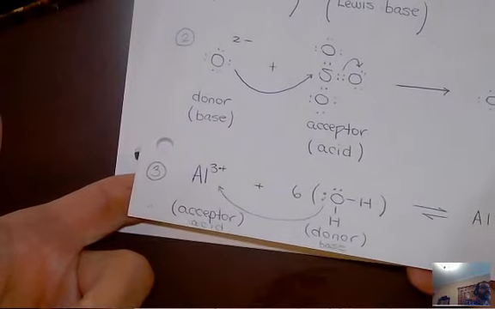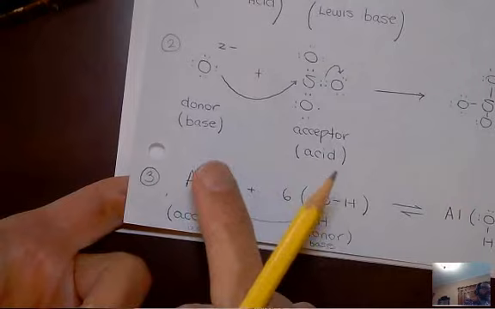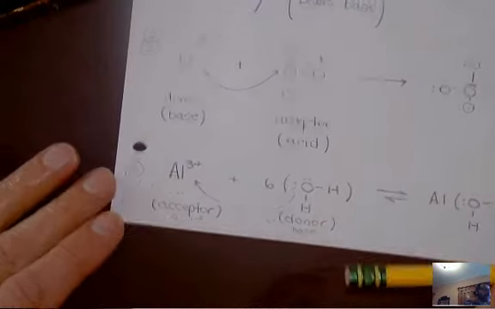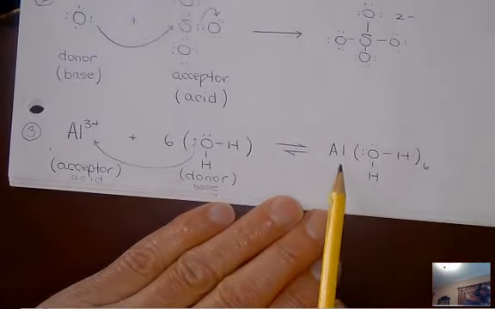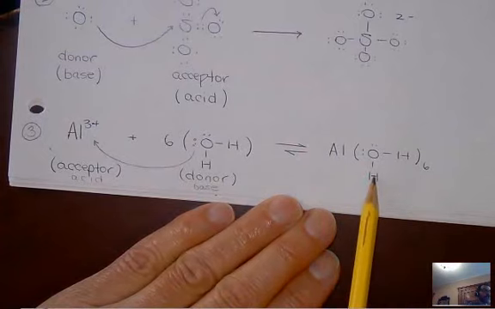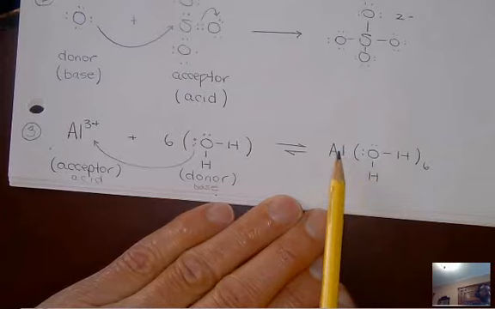So that's our typical coordination of 6, right? Because there's 6 spaces: front, back, top, bottom, left, right. So here's the product, right? It would be hexaaqua aluminum 3+, right? There would be 6 water molecules, and those electron pairs would be what was pointing into the aluminum.